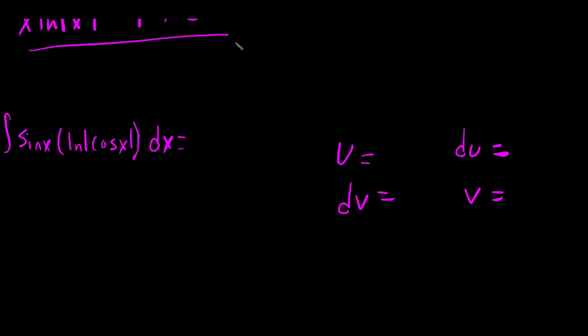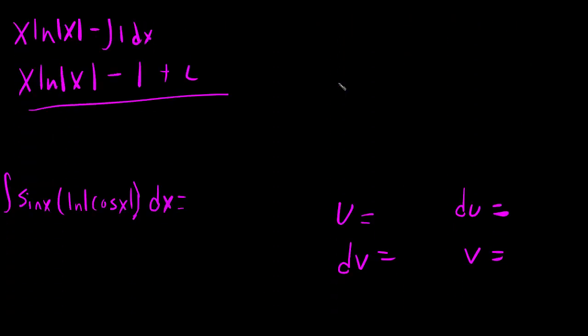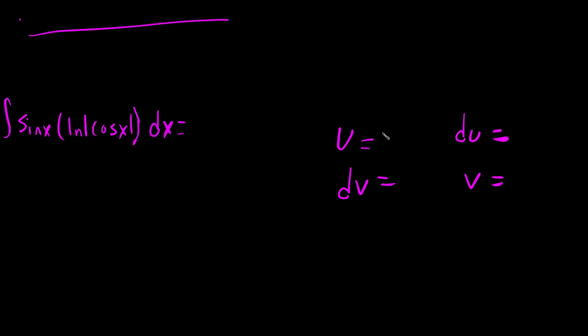Note that I also have trig, but since logarithms come before trig in the acronym, it's more important to do your logarithm first as your u. Whatever is first in that acronym.